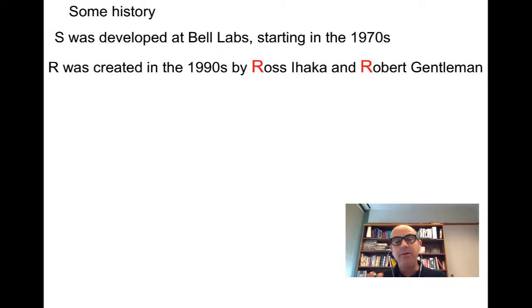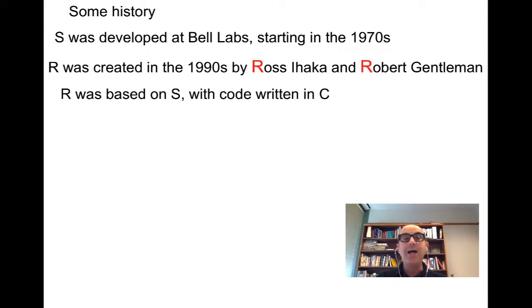The miracle that happened was created in the 1990s, when two researchers, Ross Ihaka and Robert Gentleman, from the University of Auckland, started to write the S as R. Why did they call it R?